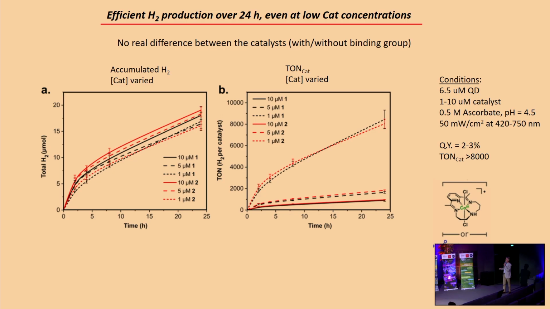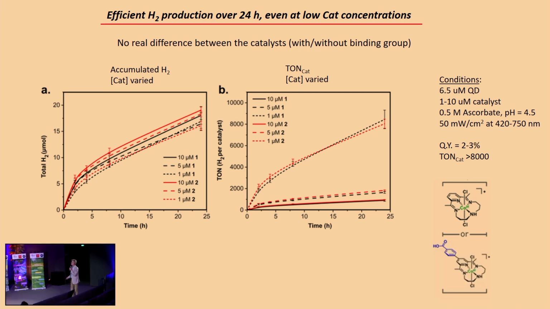What is interesting here is that we used two different catalysts, one with a designed anchoring group and one without that anchoring group, and they show essentially the same results. This surprised us. One is attached, one we thought was not attached, but they work the same.